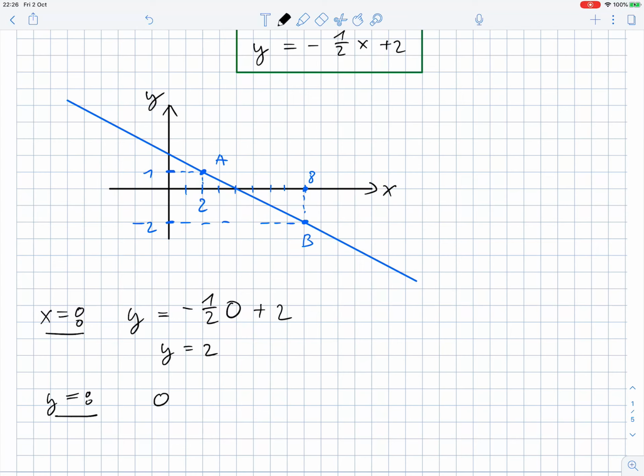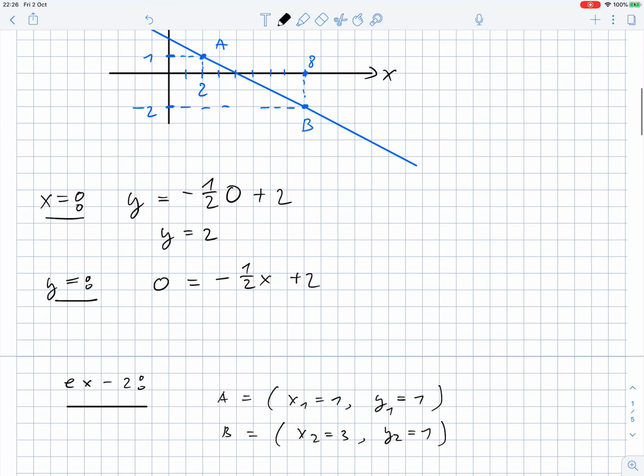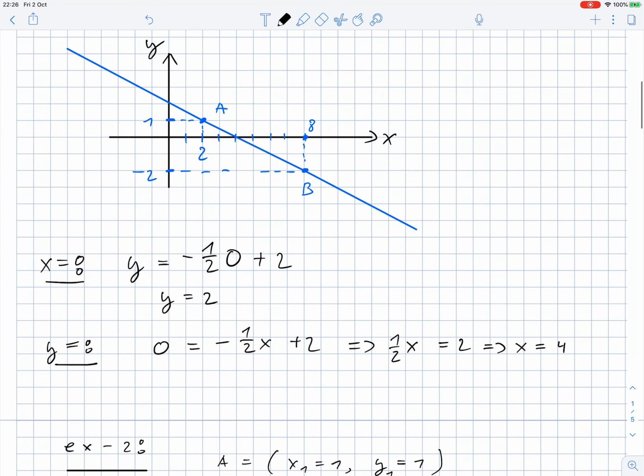Okay, 0 equals minus half x plus 2. Therefore, half x equals 2, therefore x equals 4. This is our second crossover point between the linear function and the x-axis.